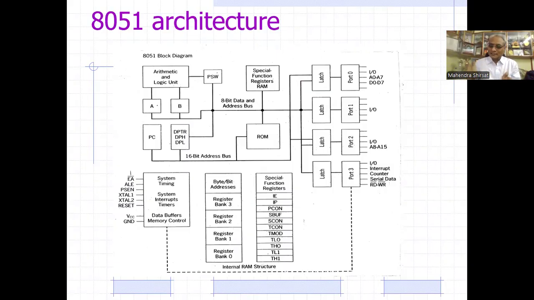Decoding का मतलब क्या है कि जो भी instruction होगा उसके accordingly control signals are going to be generated and data is going to be transferred from one place to another place.